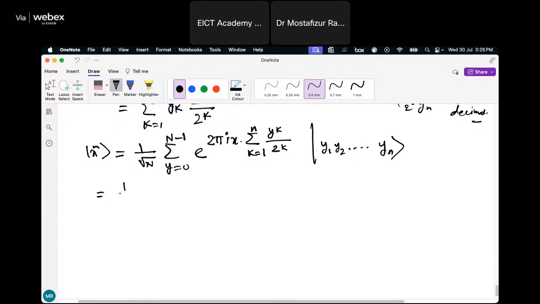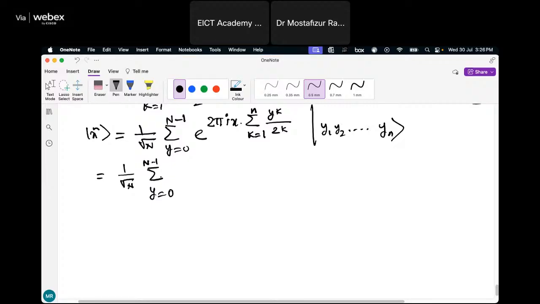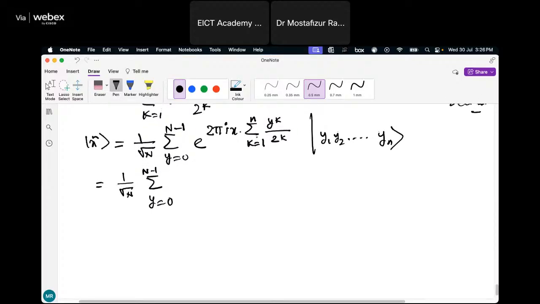This is equal to 1 upon square root N, summation of y equals 0 to N minus 1. This part is the same. Now this part I'm writing as a product over k equals 1 to n, right? So e to the power of a sum equals the product of the individual e to the powers, if they commute, since we are taking independent components.